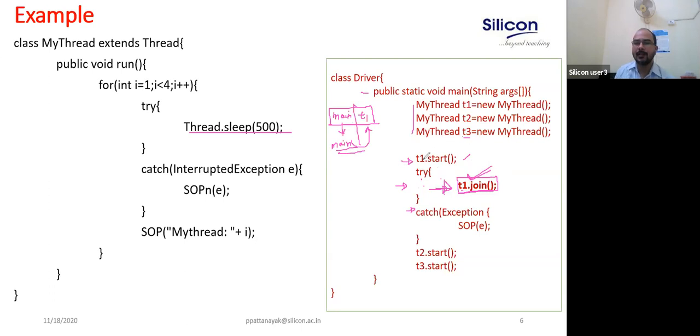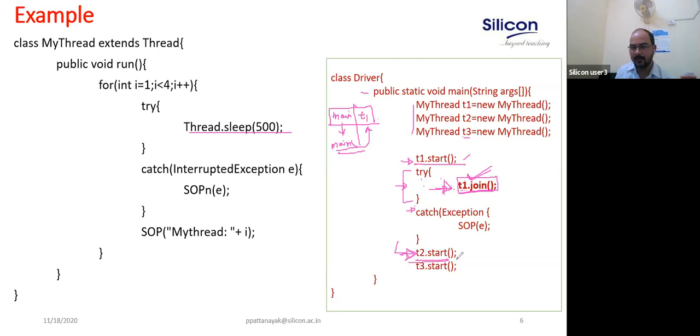Repeat. T1.start means two threads come into the picture, and this is the instruction of the main thread. The main thread waits on T1.join. That means unless and until T1 completes its task, the main thread should not proceed further. So the main thread waits over here. Then after that, T2.start. Who will execute T2.start? The main thread is executing T2.start.